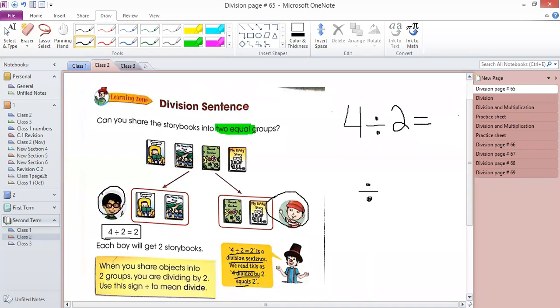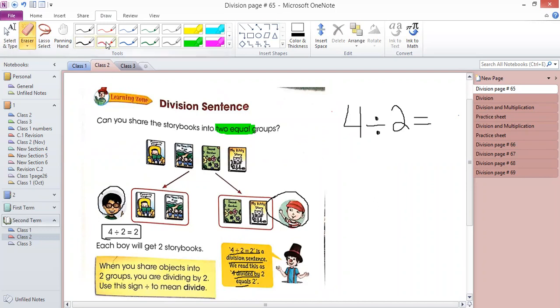This is equal to sign. And after that, you have to write the answer. When you divide 4 books equally into 2 groups, in each group, how many books will there be? So this is very simple, guys.